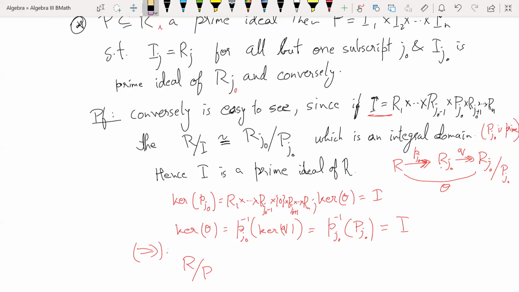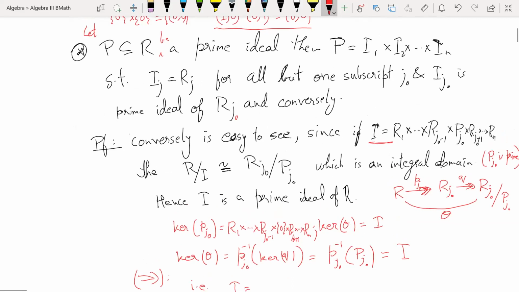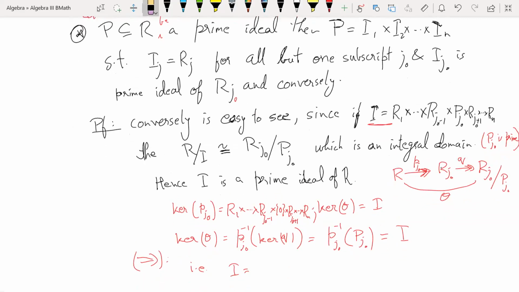Maybe I'll just write: P is a prime ideal in R. Then of course we know that P is of the form I_1 cross through I_n, with I_j an ideal of R_j.